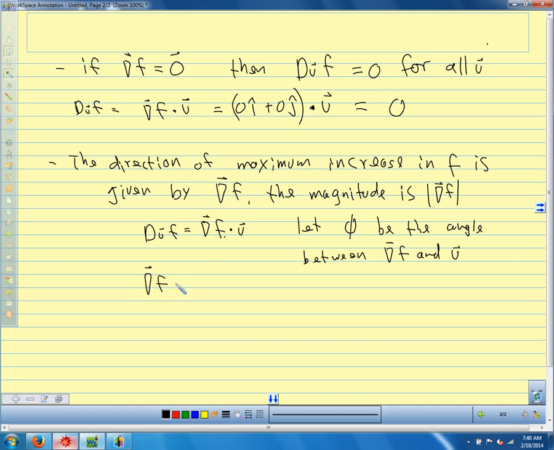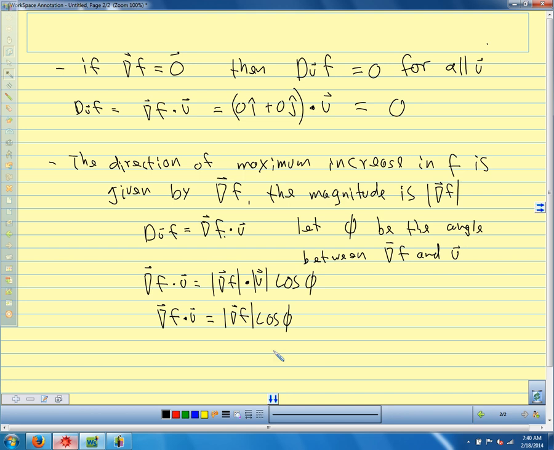An alternate way to write that is the magnitude of del f times the magnitude of u times the cosine of phi. And u is a unit vector, so del f dot u is going to be the magnitude of del f times the cosine of the angle between them.